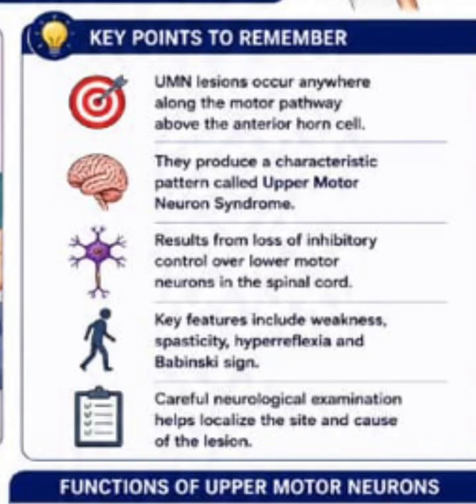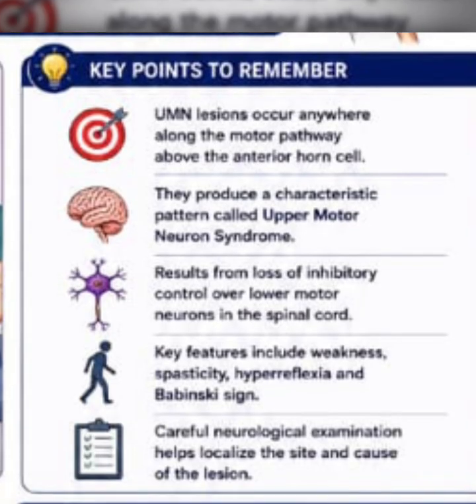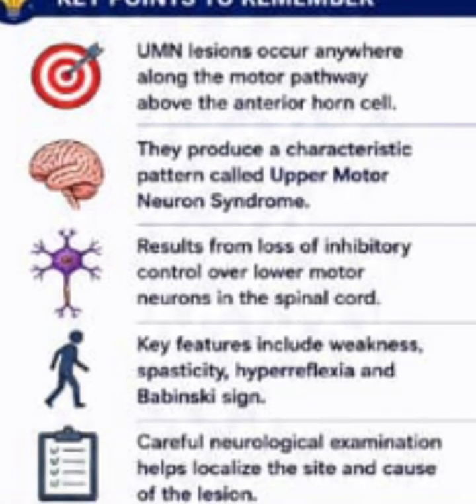Also remember I said the upper motor neuron influences the lower motor neuron. Are you getting me now? So when the upper motor neuron is not active, there is no inhibition of the lower motor neuron, whereby the lower motor neuron will act on its own in an exaggerated way, and this is what you cannot control. This is what will give an exaggerated response, which we'll be talking about in the next part.